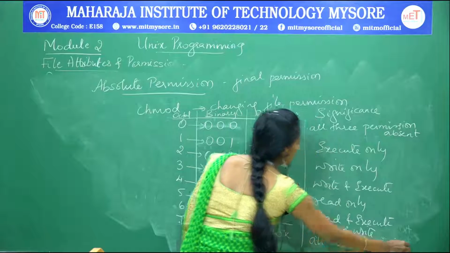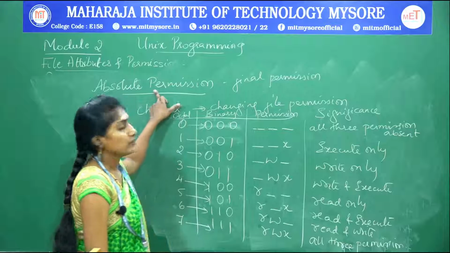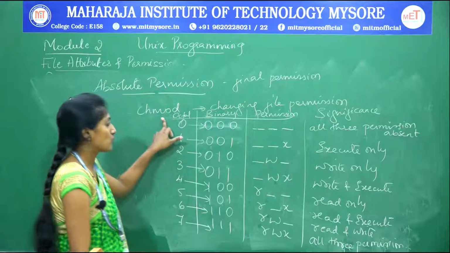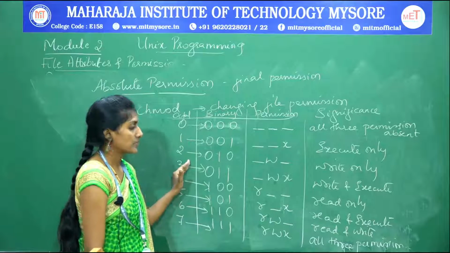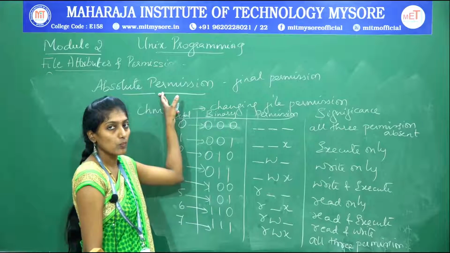So by using these octal digit values, you are going to represent the file permission using the absolute permission mode with the chmod command.